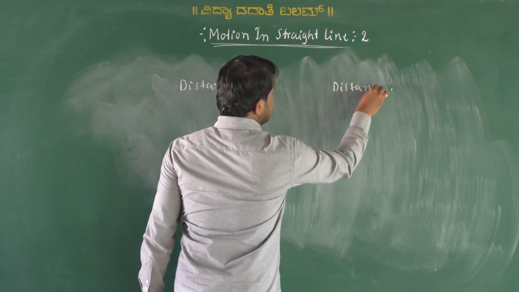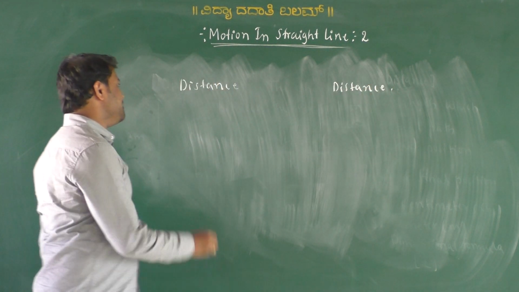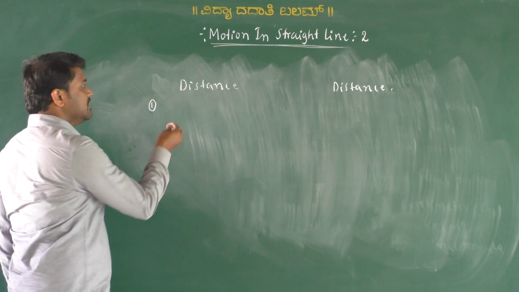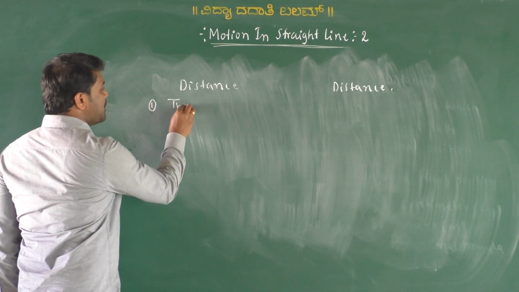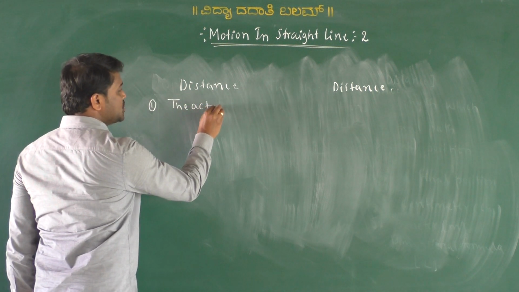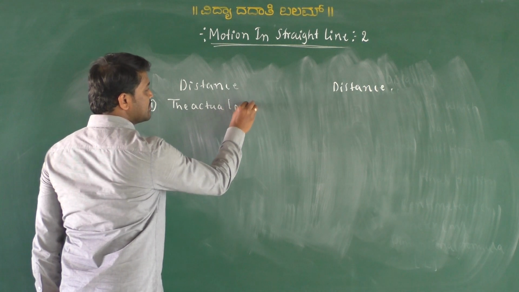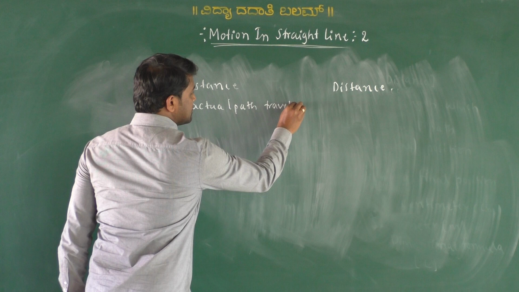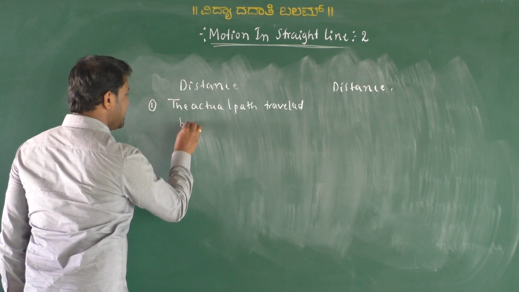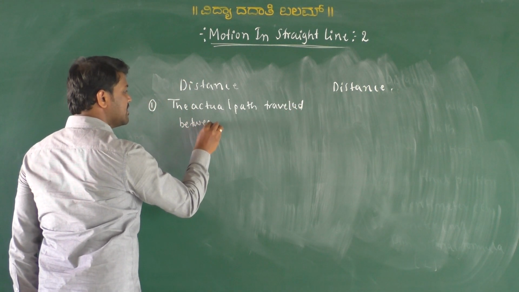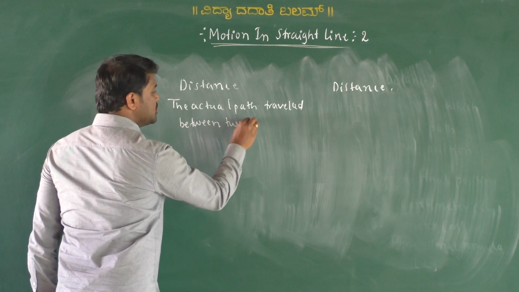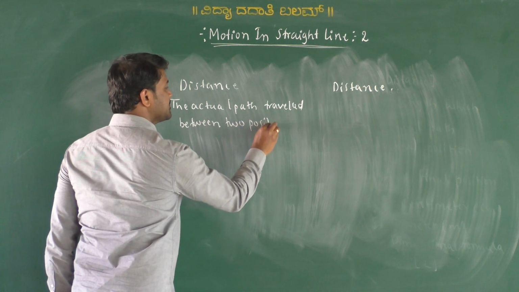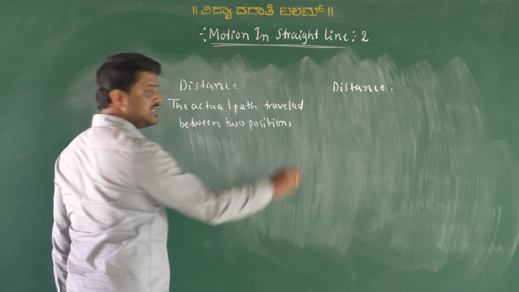ಹಾಂ, ನಾವೇನು ಮ್ಯಾಚ್ ಬರಿಬೋದು ಅಂದರೆ, number 1, the actual path traveled between two positions ಅಂತ ಬರಿಬೋದು.